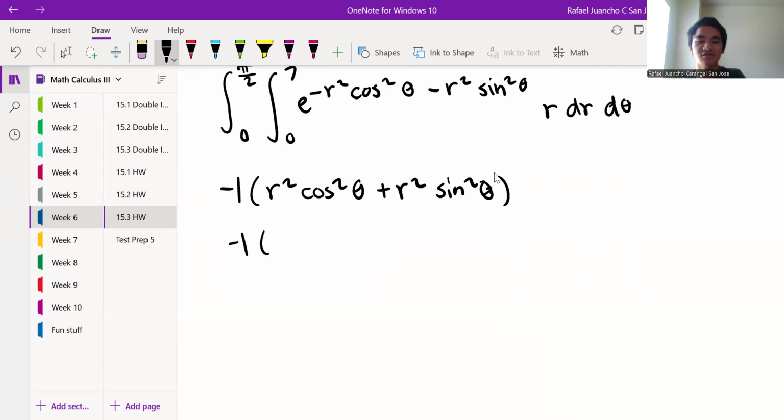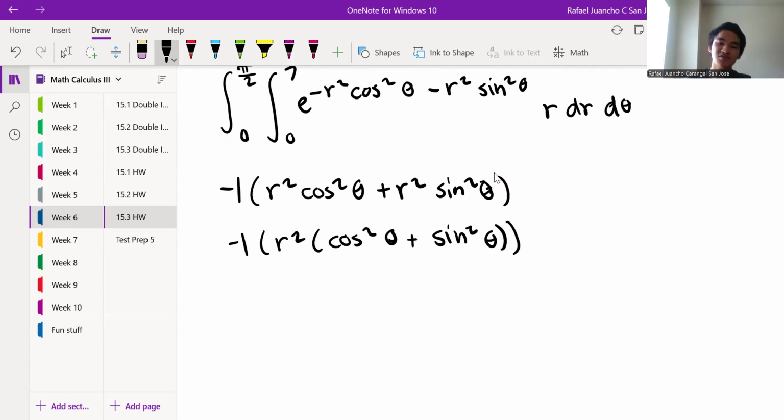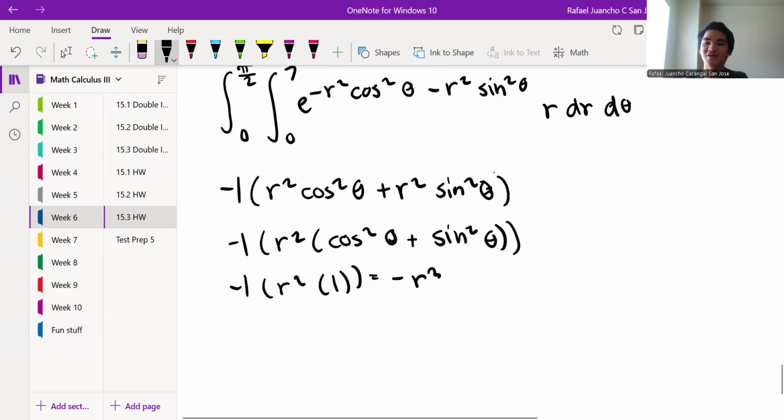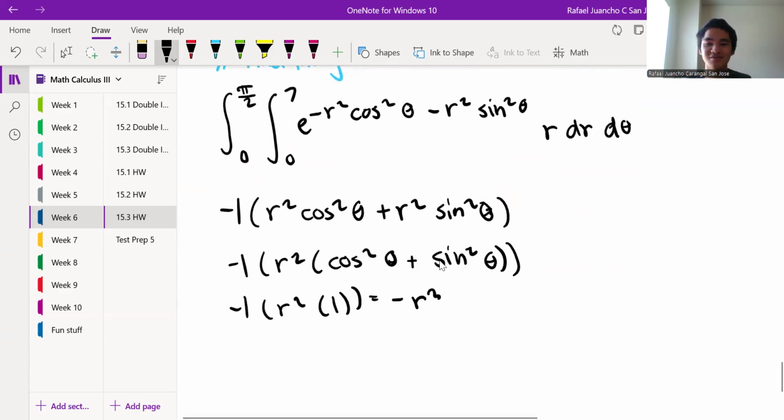So I factor this thing out, I factor this thing out, and I'm left with this thing. I think this might be easier than I think it is. Well, that cosine squared plus sine squared is 1. And so that means it's just negative r squared times 1, which is negative r squared. And so that whole thing was just negative r squared.